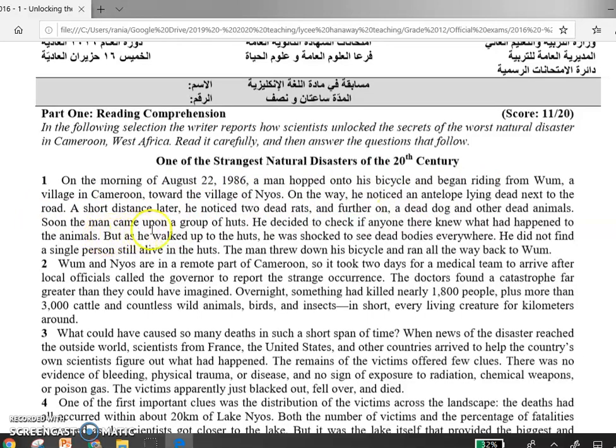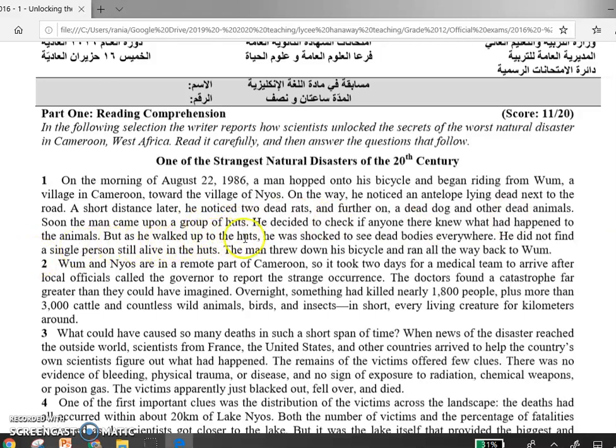Soon the man came upon a group of huts. He decided to check if anyone there knew what had happened to the animals. Oh, wait. First, we're talking about dead bodies. We're talking about 2 dead rats. It seems there is a disaster there.